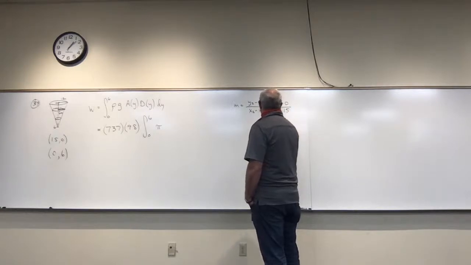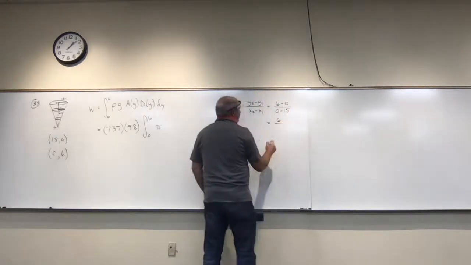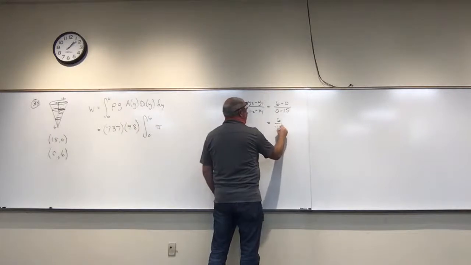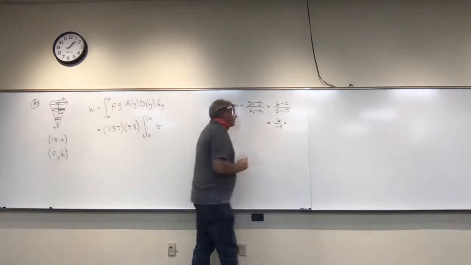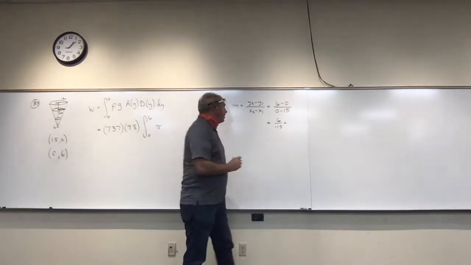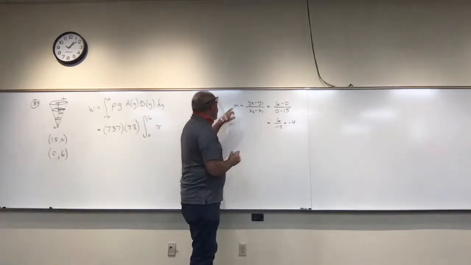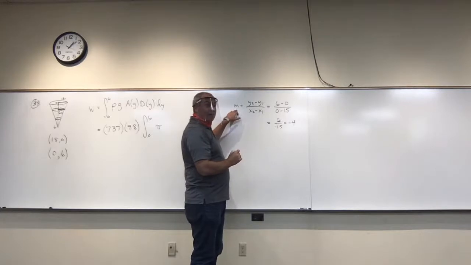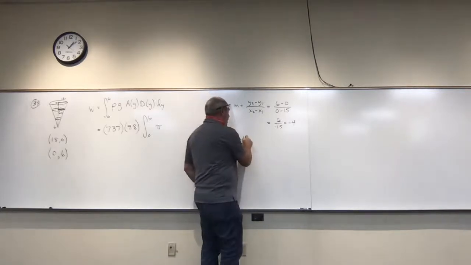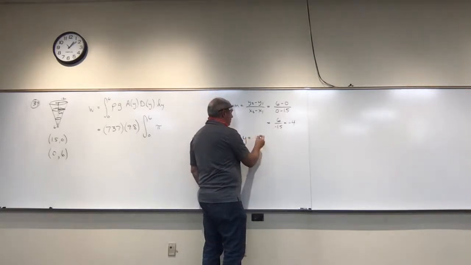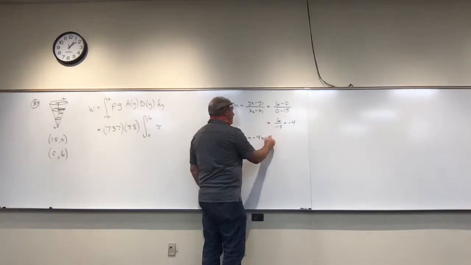So this is equal to 6 divided by negative 1.5, which is otherwise known as what? Yeah, negative 4. Everybody buy that? So that's my slope of the line I'm looking for. And so now I have y equals m, which is negative 4, x plus b.